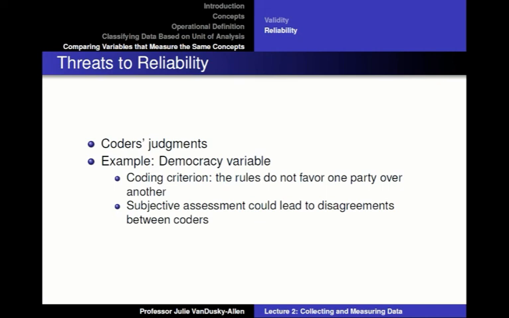As such, two coders might disagree over whether a specific country's electoral rules favor one party over another. If that's the case, one coder may code a country as a democracy and the other might code it as non-democracy. One coder would clearly be correct and the other would not be. As a result, the democracy variable would be an unreliable measure of democracy because it sometimes measures democracies and non-democracies correctly and sometimes it does not.